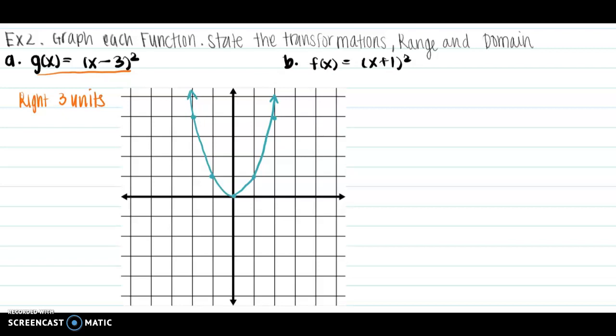And again, that's because when it's inside the parentheses or inside the function, it does the opposite of what you think. And then this one over here, which we'll graph in green, is actually going to move left 1 unit. Alright, so let's go ahead and graph it. So we're going to move everything 3 units right. So 3 units right. And we'll connect those dots.